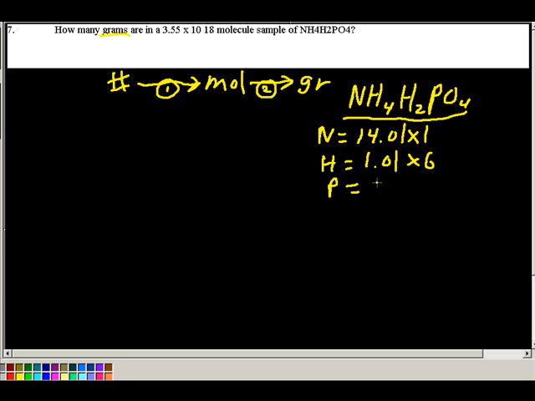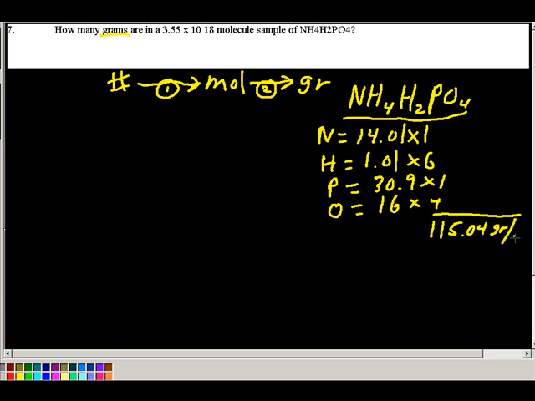Phosphorus weighs 30.9. There's one of them. And oxygen weighs 16, but there are 4 of them. If you multiply and sum that up, you wind up with 115.04 grams for every mole.